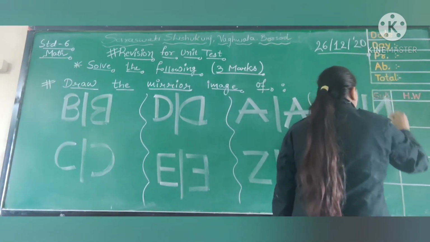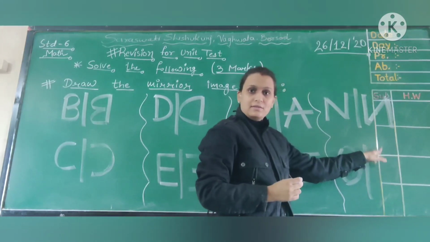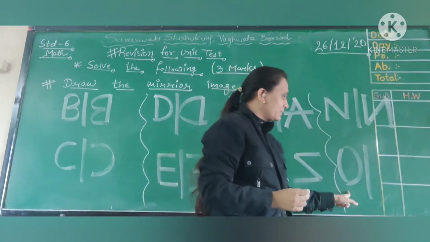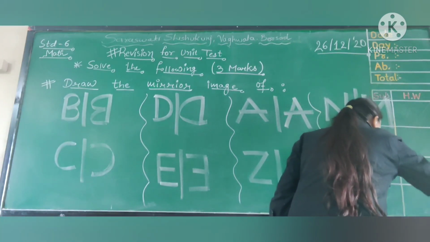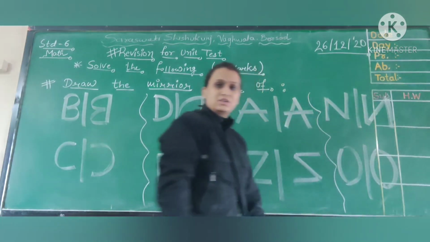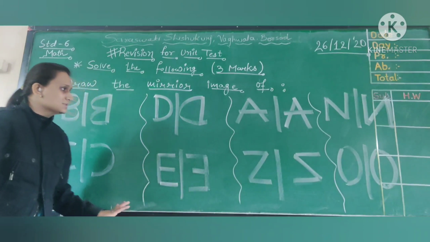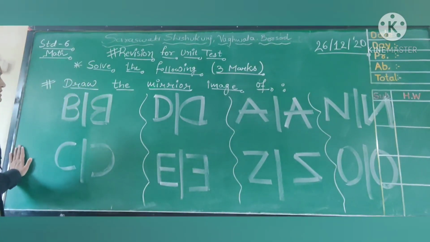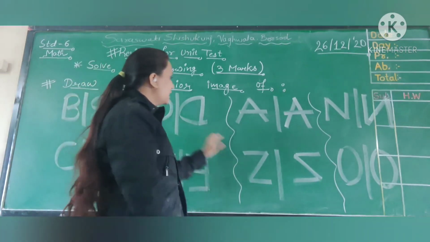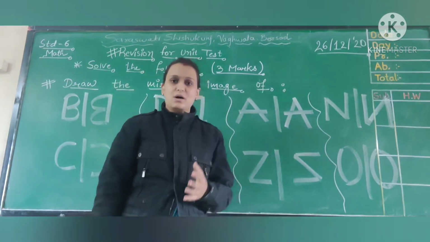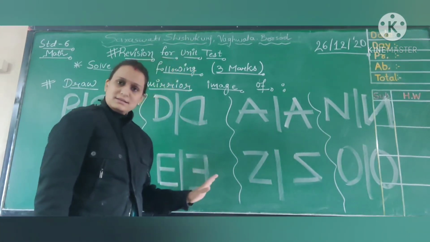Okay, so this is the reflected image of N. And what about O? After reflection, O will look exactly the same. So if you see the reflected images in a mirror, some of the letters will look reflected and some of the letters will look exactly the same.